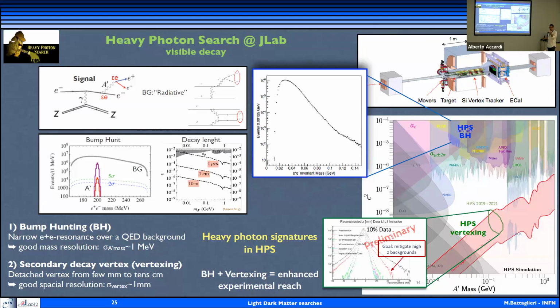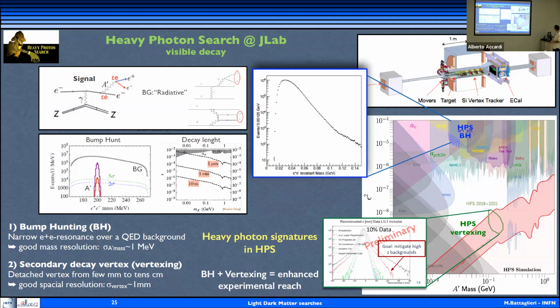And first of all, notice here the mass range covered by this experiment. It was running in Hall B, while the previous one was running in Hall A, with different acceptance of the detector, different concepts of the detector. In this case, you are covering a range that goes from 20 MeV, let's say, to 100 MeV, so the lower part. And again, you put your upper limit in a different region, okay?